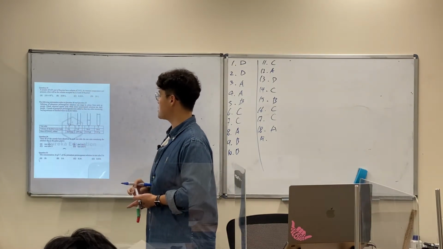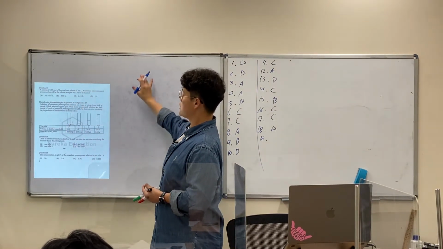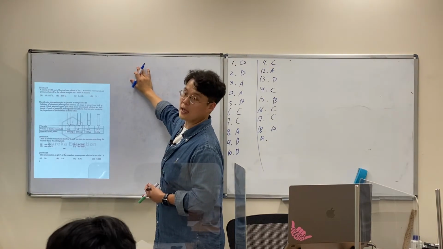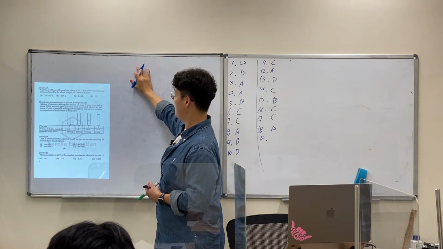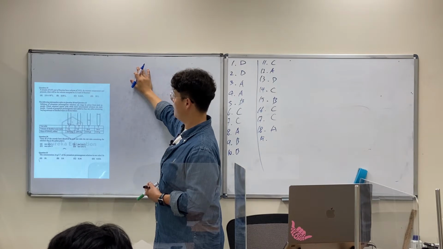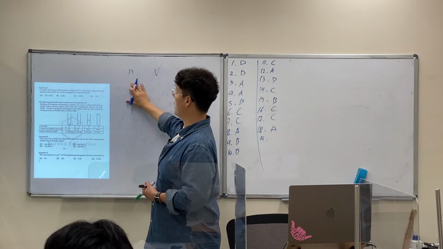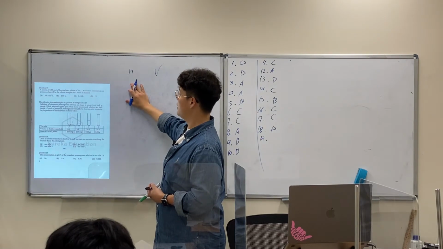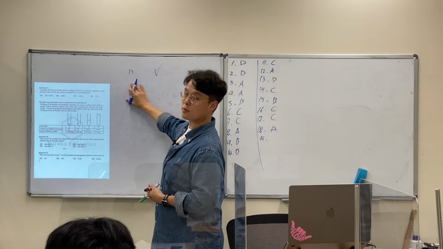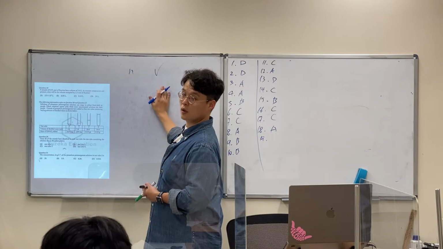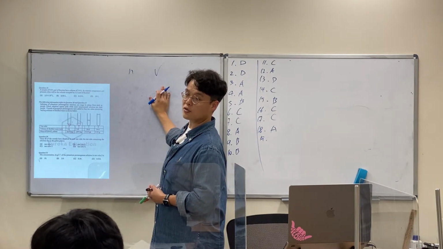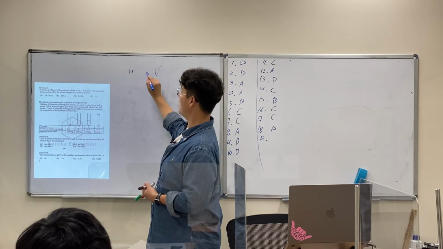Tell me, what is the question asking you about? Which factor of the gases? Mole and volume. And what's the relation between these two? According to Avogadro's law, directly proportional.